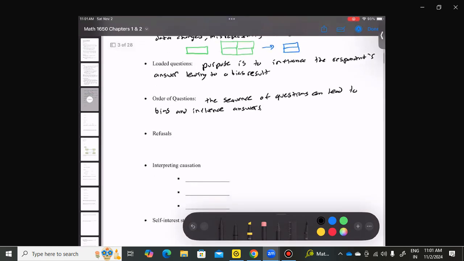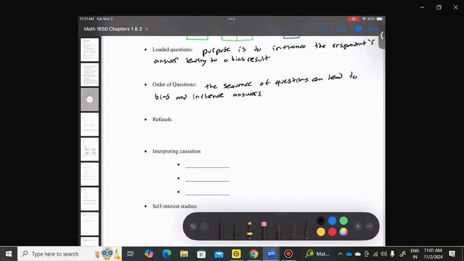Another big thing that can happen, especially what goes back to the voluntary response one, is refusals. Having missing data can cause the sample to be non-representative. Having missing data can lead to samples that are not representative of the population.